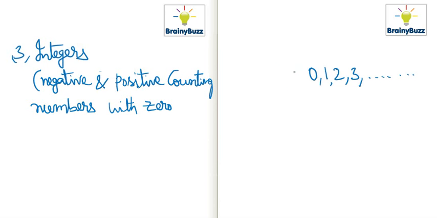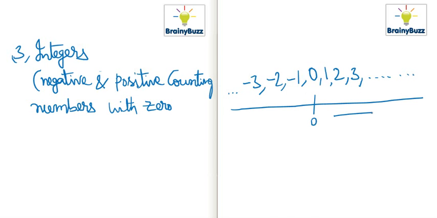This is the positive line, and -1, -2, -3 and so on. This is the negative line. If you take the line, this is the 0, this is the positive line and this is the negative line.